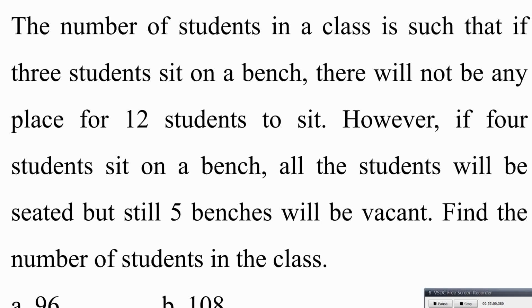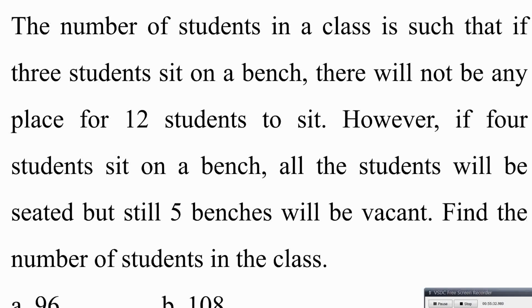So you understand: if 3 people sit on each bench, 12 students are not able to be placed. If I can accommodate 4 students on a bench, still 5 benches are empty. Consider your classroom has a number of benches. If 3 people sit on a bench, 12 people are still left. The number of benches is the same. Now with the same number of benches, if 4 people sit, 5 benches are still vacant.